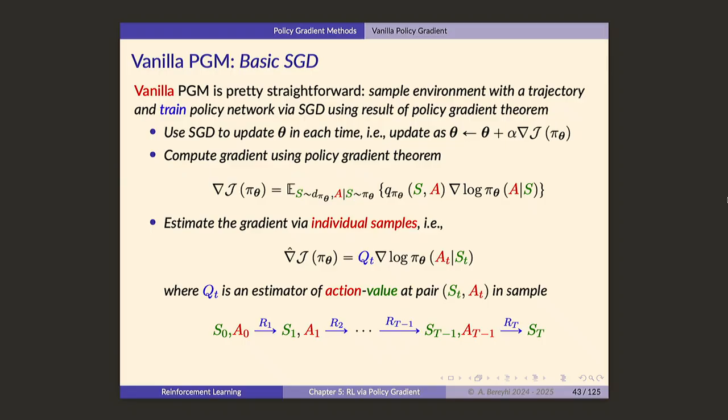Now I want to compute the gradient with respect to theta. The gradient of the first term with respect to theta is 0, so I need to compute the gradient of the exponent, with the minus coming along.